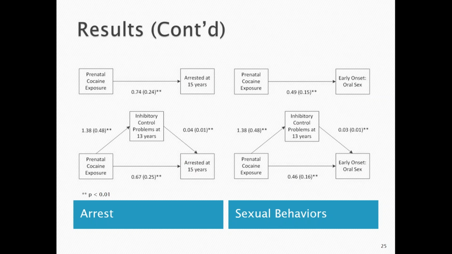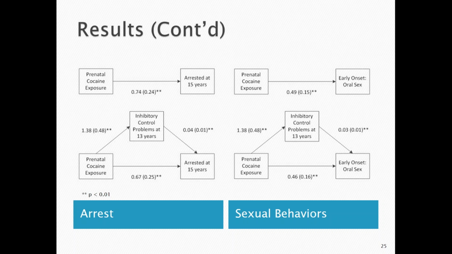So once we found this difference, we wanted to try to explain what was causing that difference, or some of what might explain that. So we ran path analyses to look at possible mediators. In particular, we were interested in inhibitory control problems. If you look at these diagrams, the top diagrams are the direct effects, so the direct effect from prenatal cocaine exposure on arrest, for example.